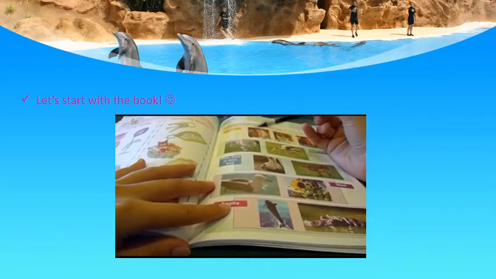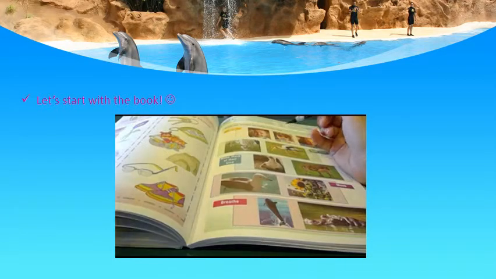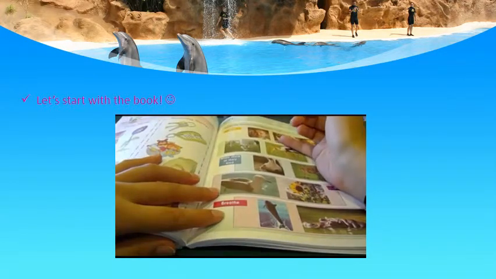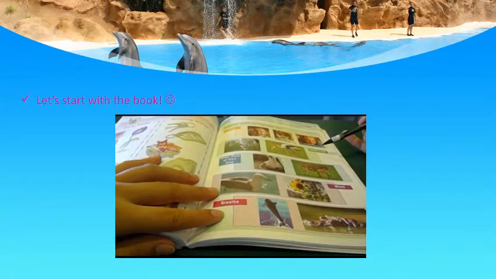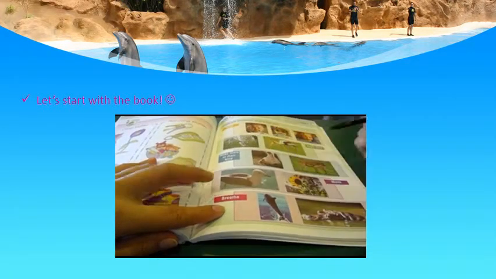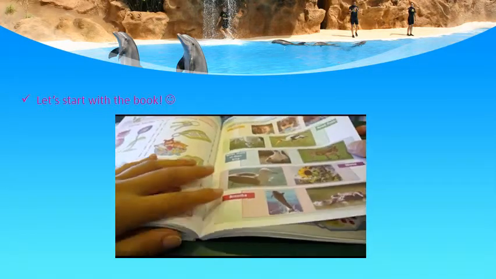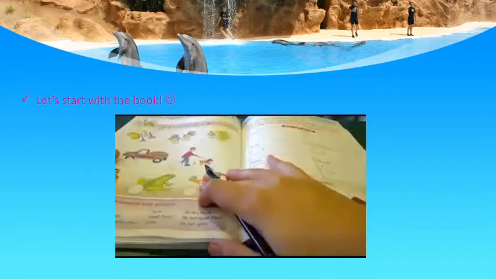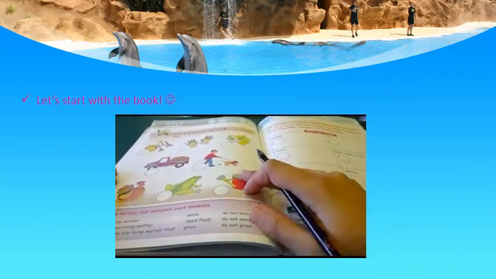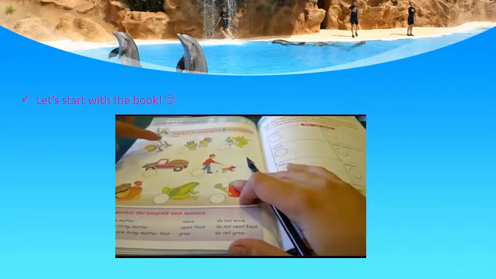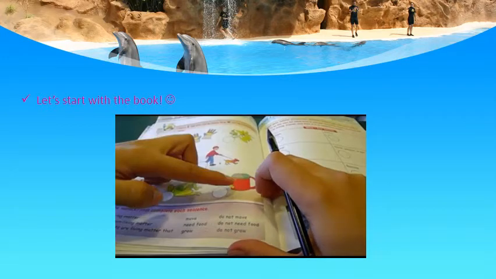How do we know if something is a living or a non-living thing? Plants and animals are living matter. Humans also. They grow, they need food, they move, they need water, they breathe, they die. Okay, let's solve the first question of page 136. Non-living, non-living, non-living, non-living.